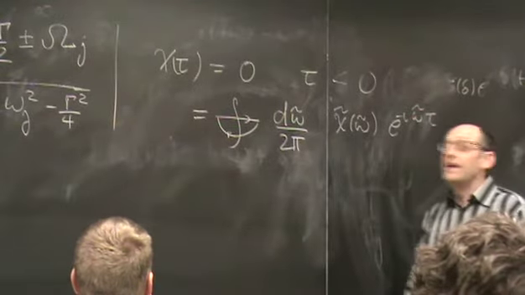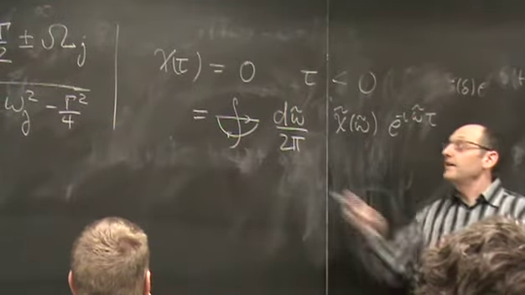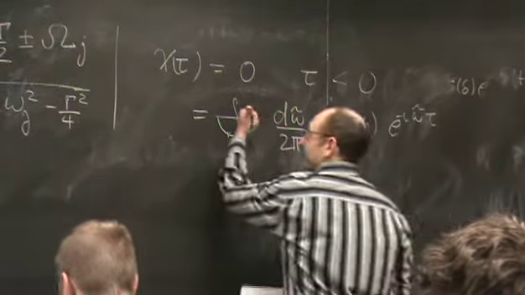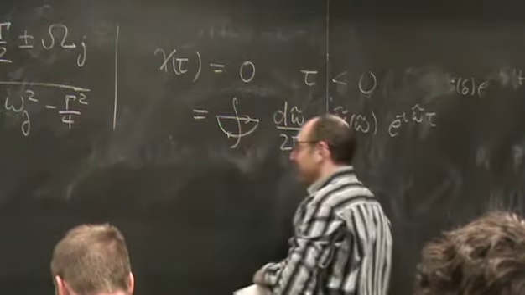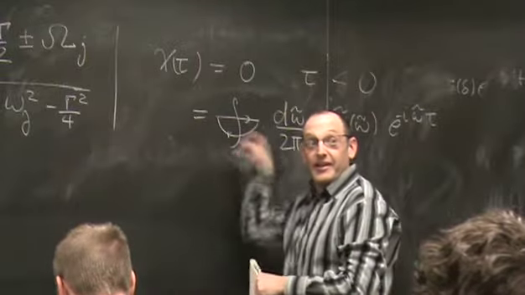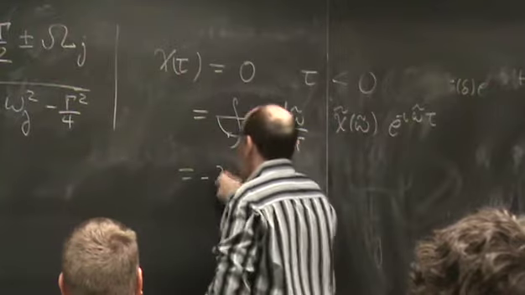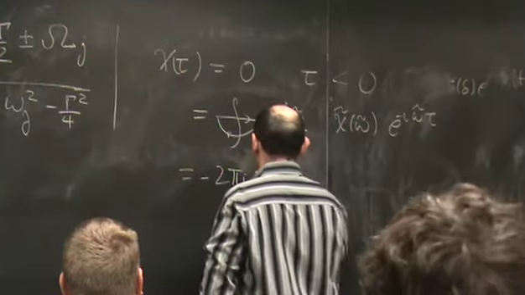But that's just related to 2 pi i times the sum of the residues. Now this is in the wrong direction. This is the left-hand rule, because there is an orientation to the contour for it to be 2 pi i. So it's equal to minus 2 pi i times the sum of the residues.